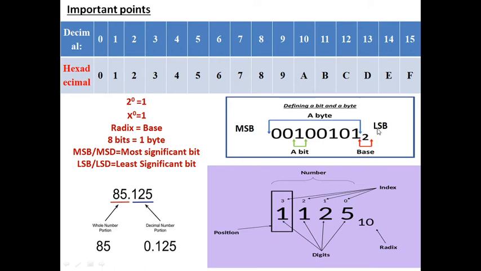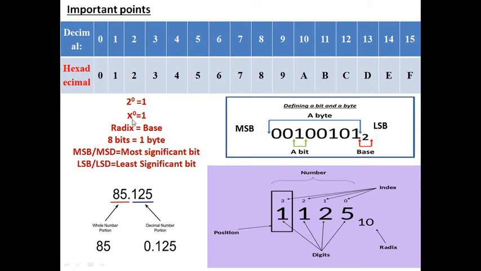The rightmost bit is called the least significant bit, and this is the most significant bit, because this has the 0th position and this has the highest position, that is the index of it. Now just remember 2 raised to 0 is equal to 1, or for that matter anything raised to 0.